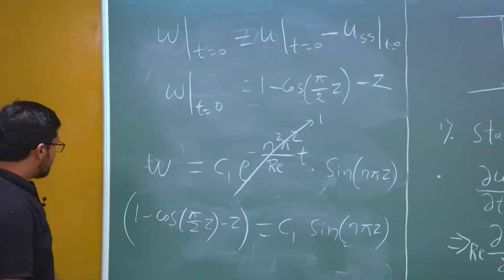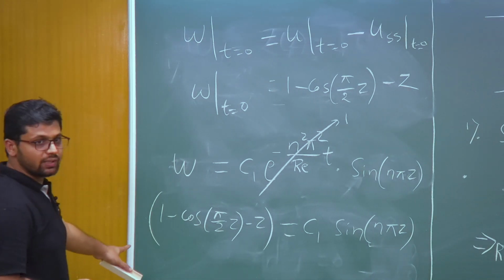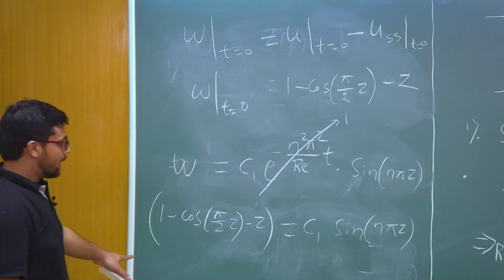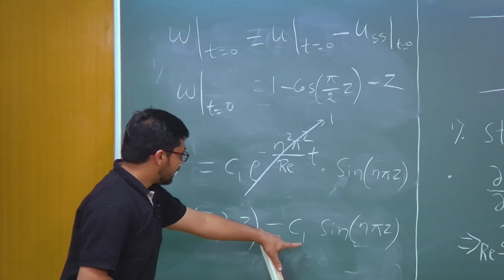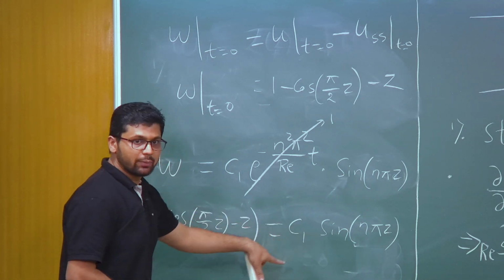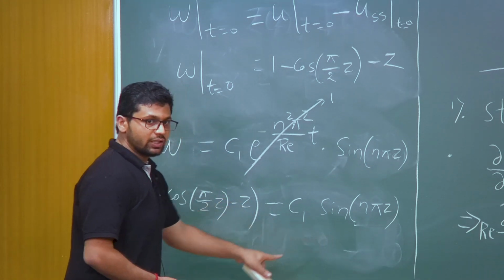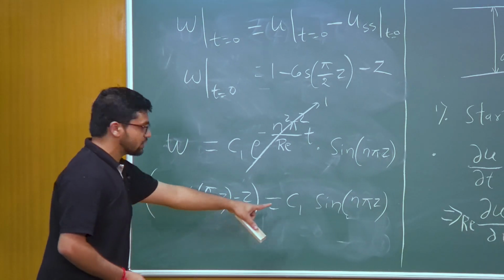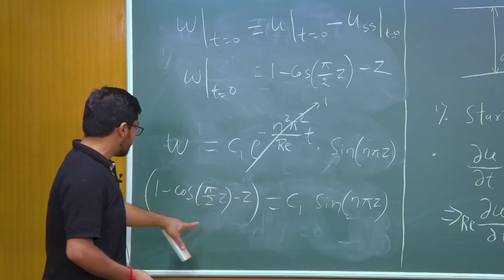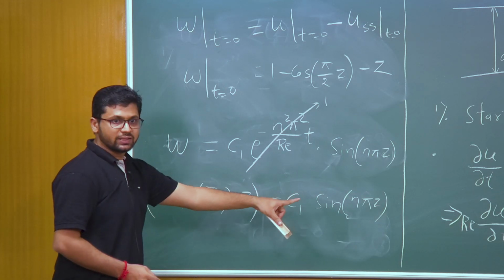You can recall the concept which you have learnt in your mathematics course, that when we have to find C1 from this type of equation, because sin n pi z is an orthogonal function, we can use that property and integrate both sides after multiplying by sin n pi z.